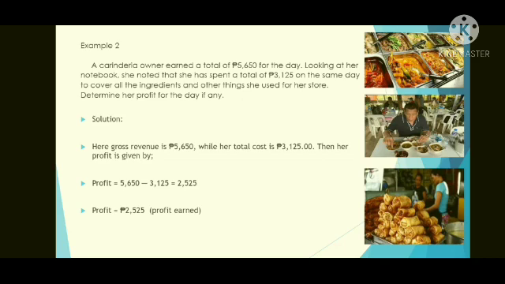So we have a revenue given in our problem. The carinderia owner earned a total of 5,650 for that day. That is our revenue.